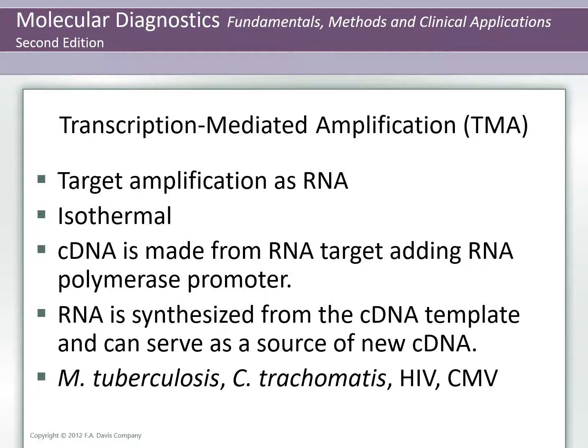In transcription-mediated amplification, complementary DNA is made from the RNA target, adding an RNA polymerase promoter. RNA is synthesized from the complementary DNA template and can serve as a source of new complementary DNA. Transcription-mediated amplification methods can be used to detect Mycobacterium tuberculosis, Chlamydia trachomatis, HIV, and CMV.